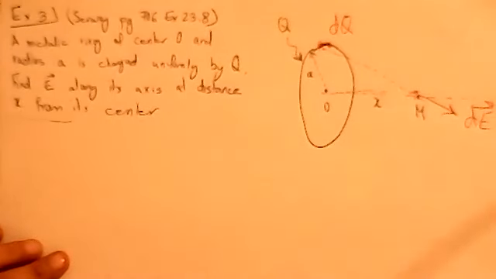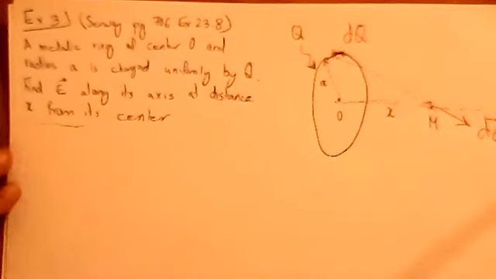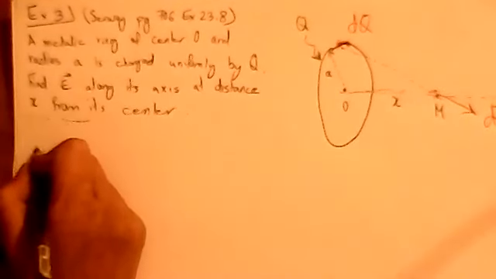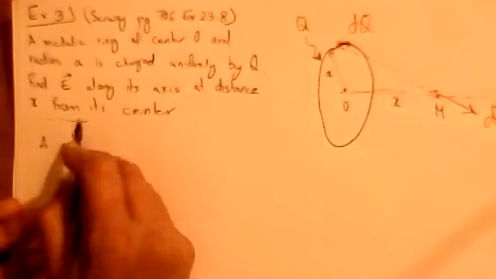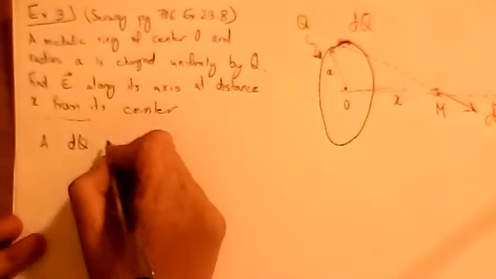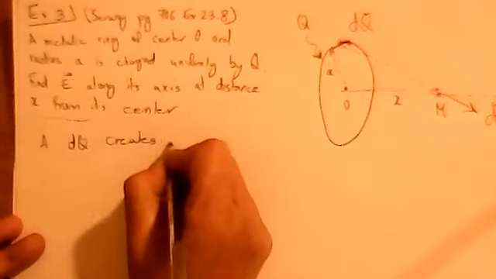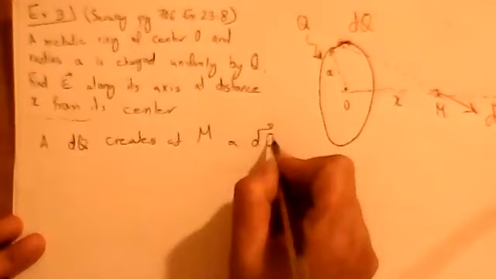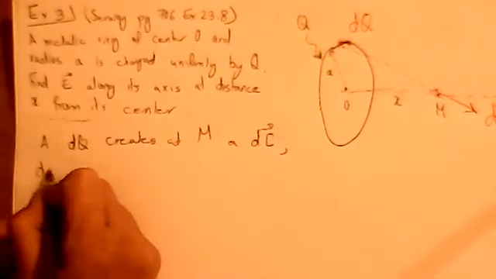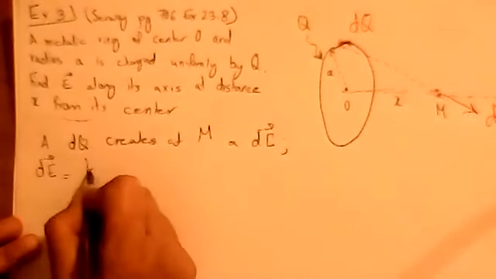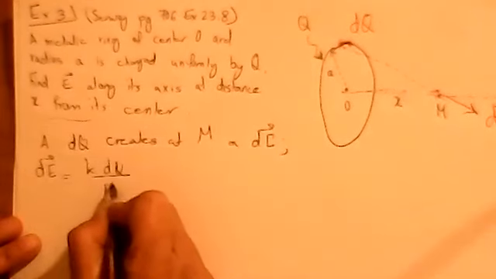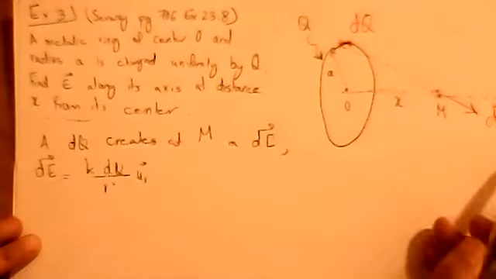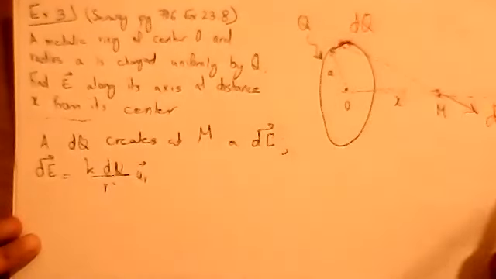Now, ladies and gentlemen, what do we say? A dq selected wherever on the ring creates at M a dE vector such that dE vector equals k dq over r squared unit vector u_r. It points along any direction, not x, not y.